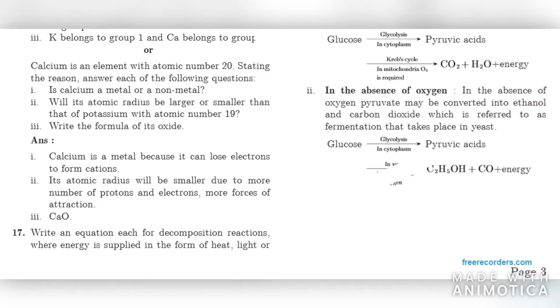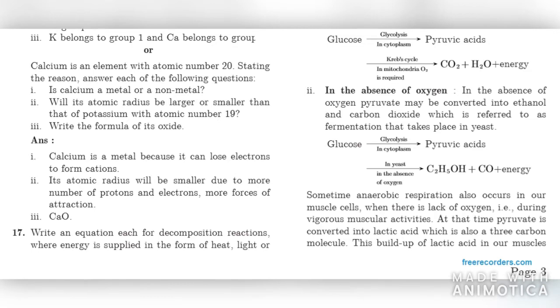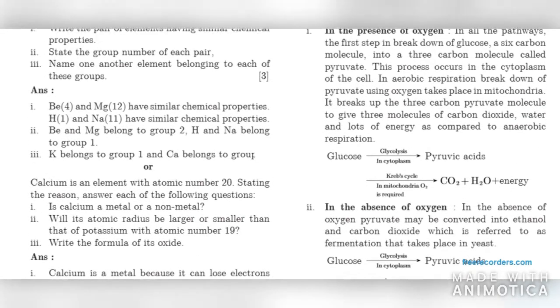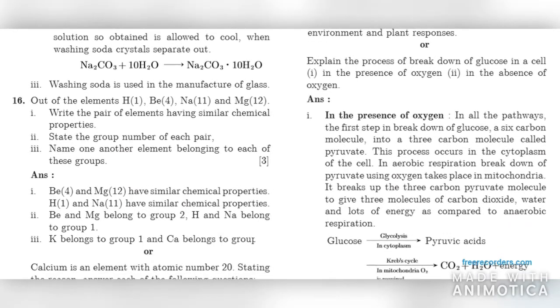This is referred to as fermentation as well. And this process even occurs in our muscle cells and forms lactic acid, and it causes cramps in our body. So that's all you need to write in question number 19.